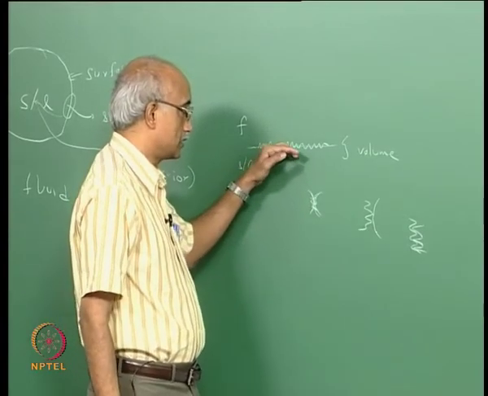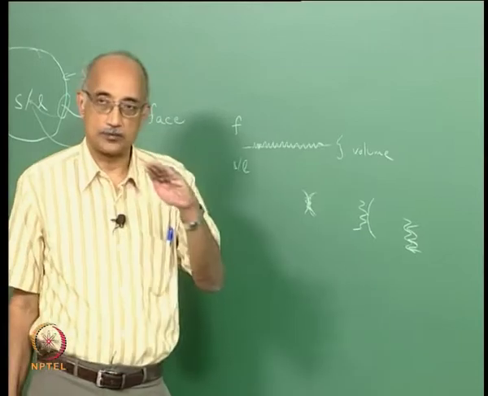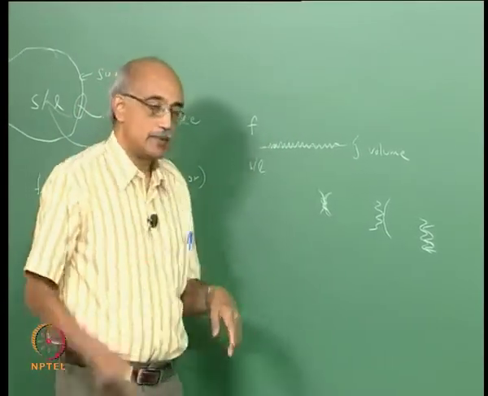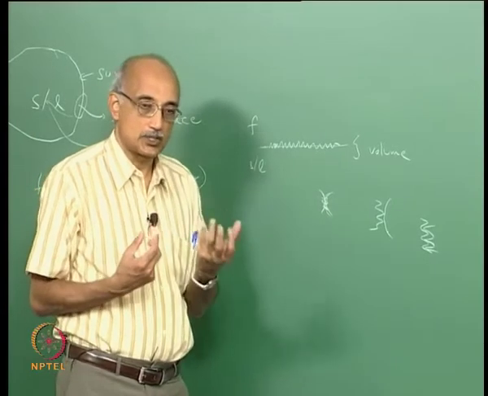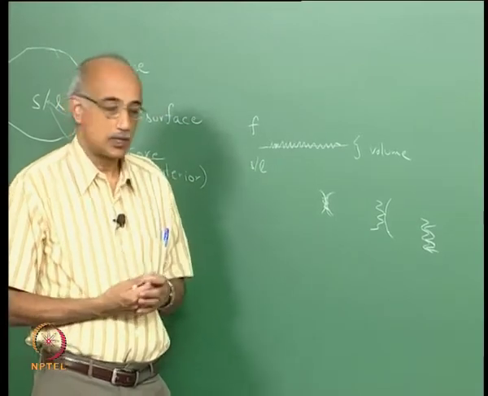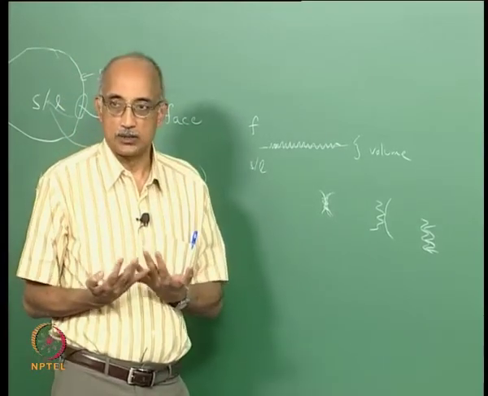Now, if I look at the properties of the surface, they are going to be a mix of the property of the solid or liquid particle and of the contacting fluid, because it's a volume fraction phenomenon.